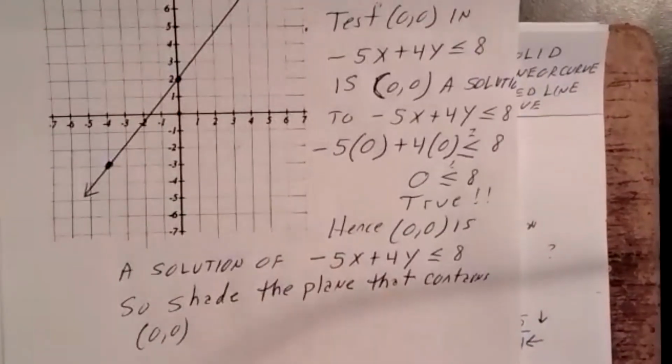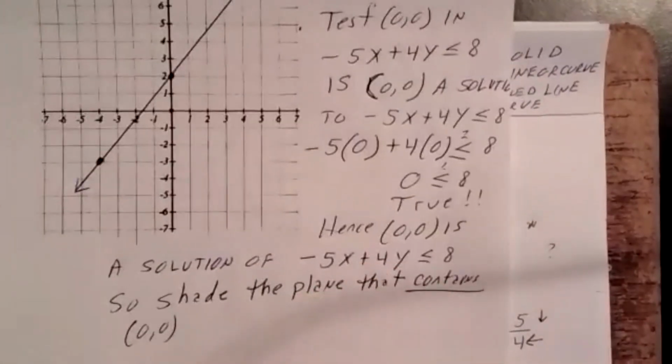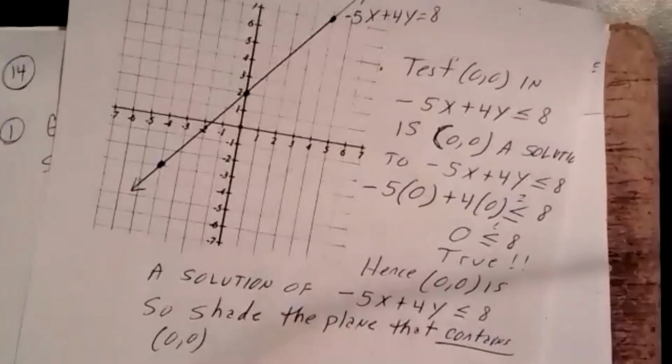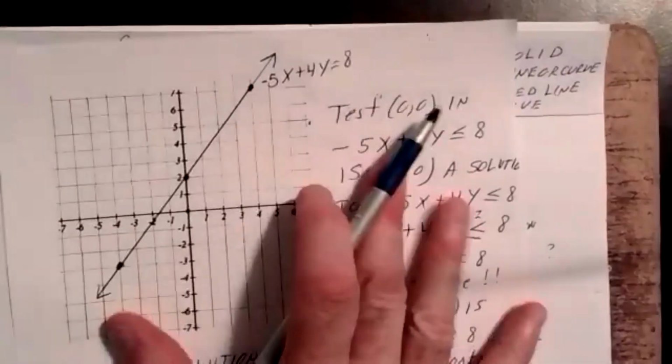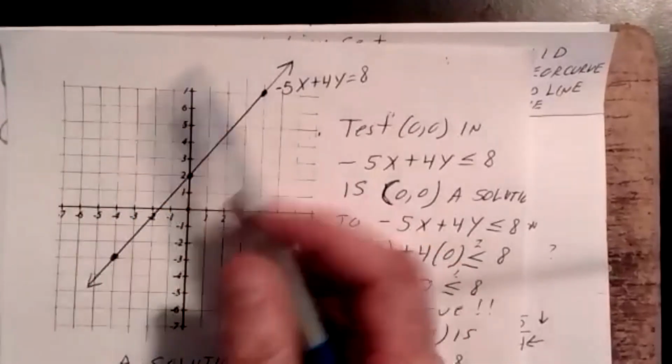We shade the plane that contains 0, 0 because we discovered 0, 0 is a solution to this inequality. So what plane am I going to shade? What side of the line am I going to shade? Am I going to shade the plane below and to the right or above and to the left? What do you think?